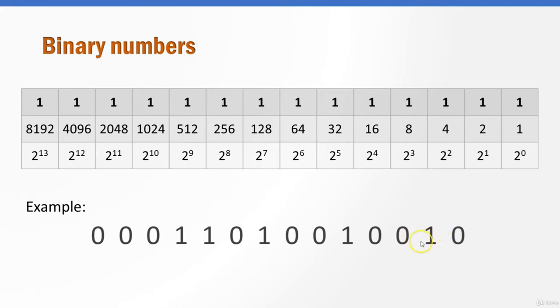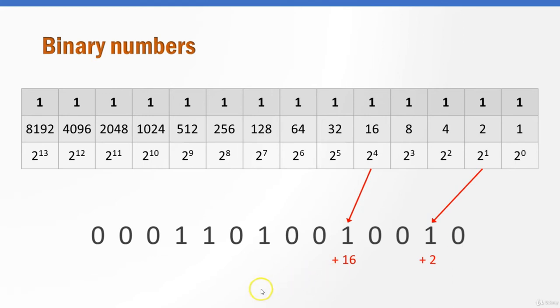So this one has a value of 2 because that's its place in this table. And then the next one has a value of 16. So this is 2, and we're going to add that to 16, so that's 18.